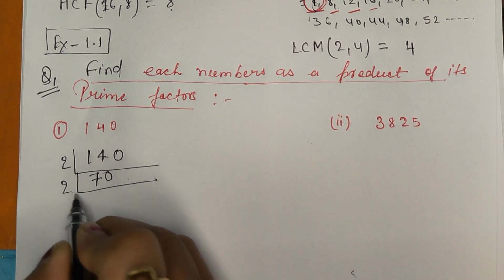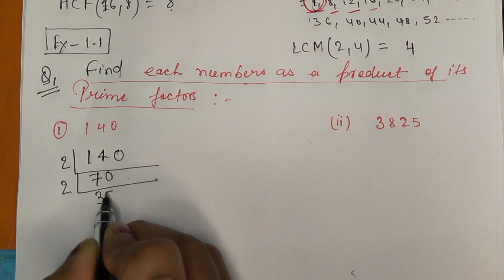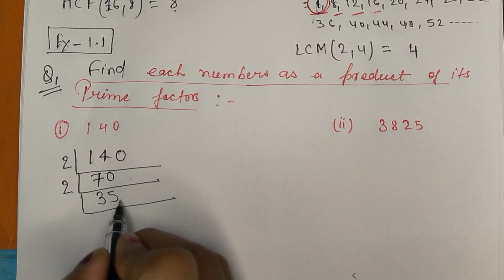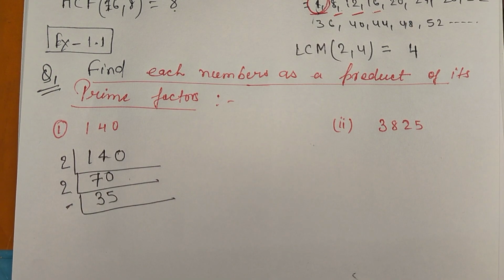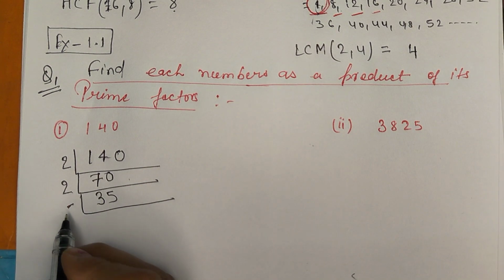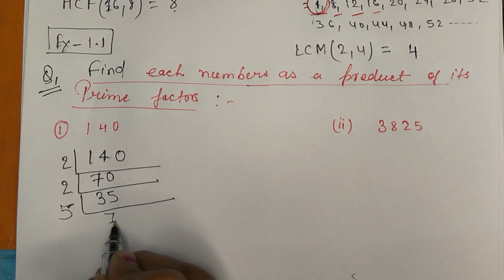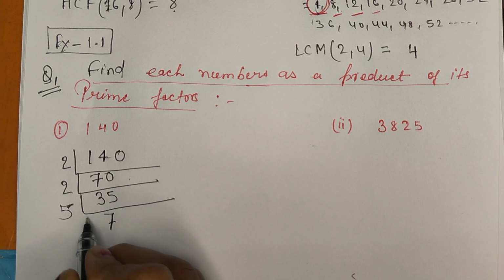Then 2, again 2, then 35. Which number divides 35? 5. 5 7s are 35.